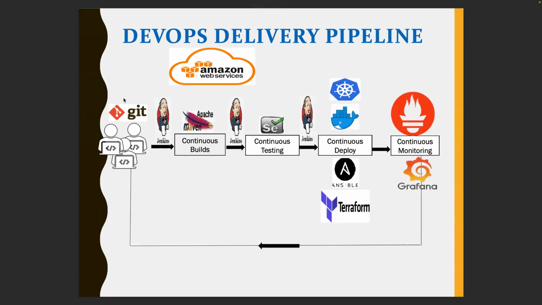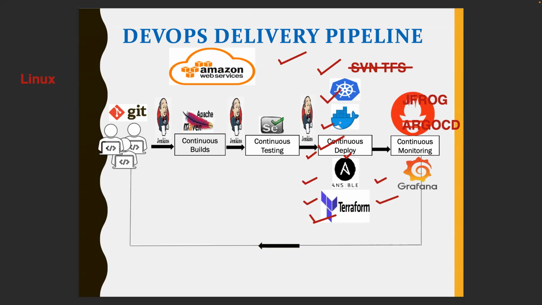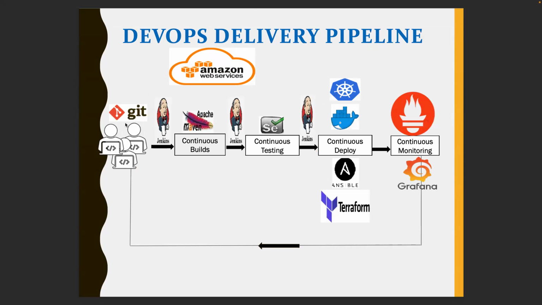Before going to the course content, I would like to show you this CI/CD pipeline we will be developing in our course. If you see here, all the tools are integrated. A developer writes the code and places it on Git. We'll pull that via Jenkins and do continuous builds with Maven, and continuous testing by running the test cases.